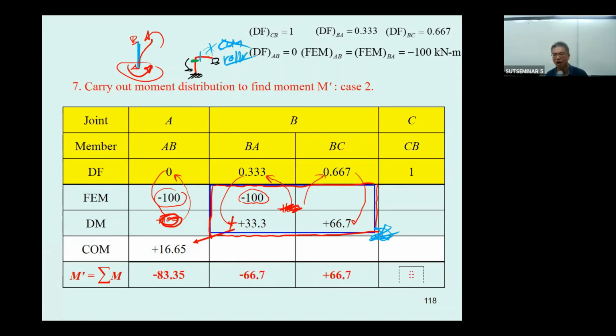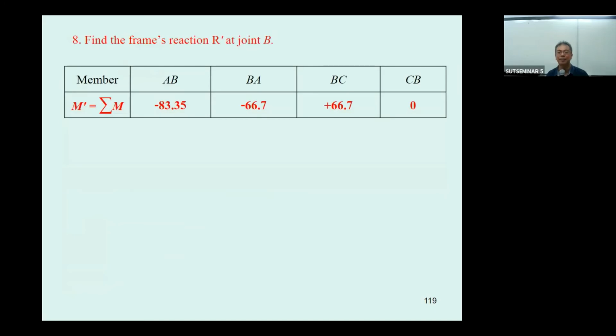So you get all the end moment. Again, you come to the same frame, but now this frame has M sub AB negative 83.35. This is 83.35 kilonewton meter.